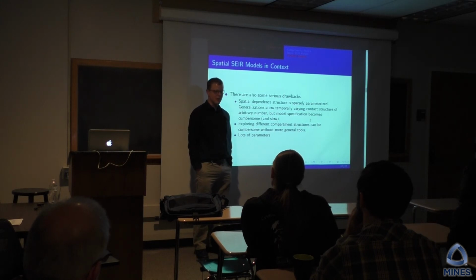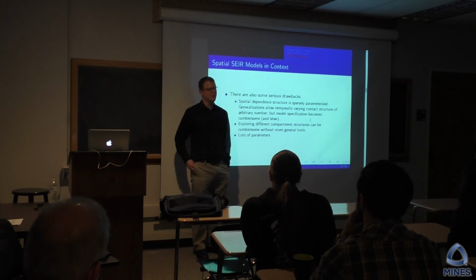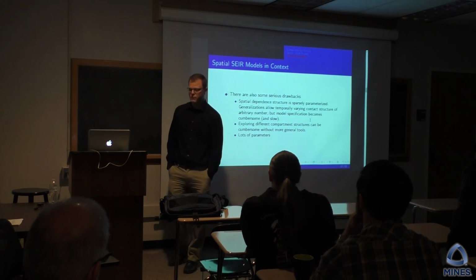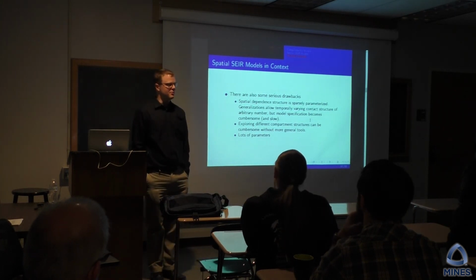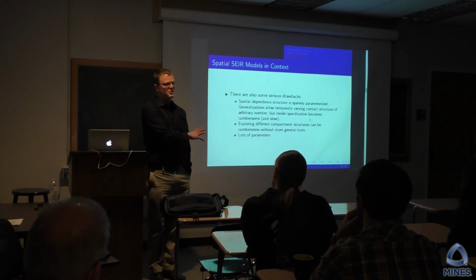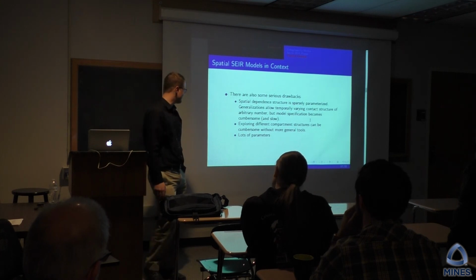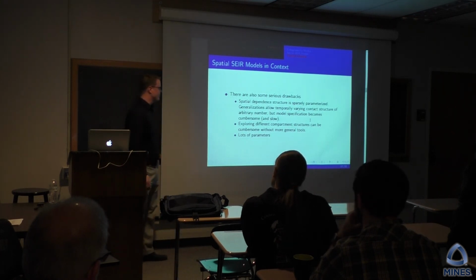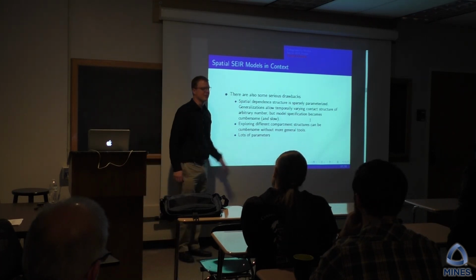So that's a biologically plausible phenomenon. If you wanted to take code that was written to fit a spatial SEIR model and then go and fit a different model, there's a lot of bookkeeping to do. So that's sort of a caveat for the software package I would have mentioned. It only does spatial SEIR stuff, so if you're not doing that, it's not going to be useful to you. Many apologies. And the last one is probably the most important, because the rest of this is bookkeeping.